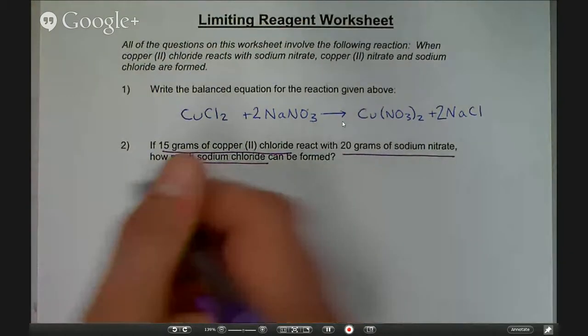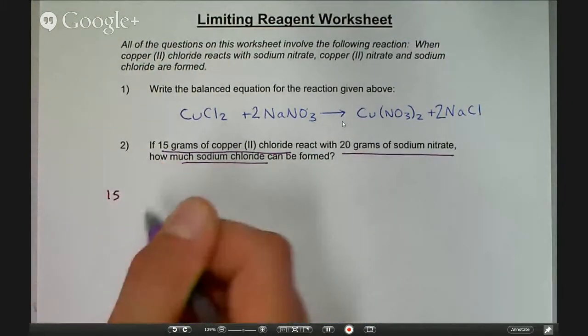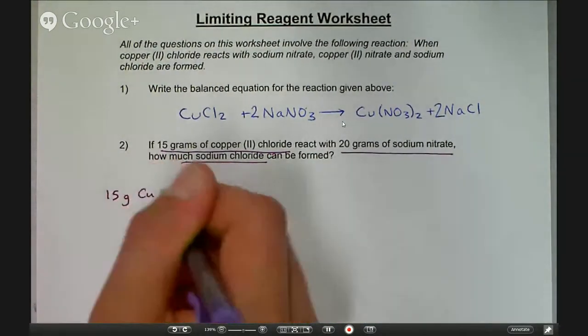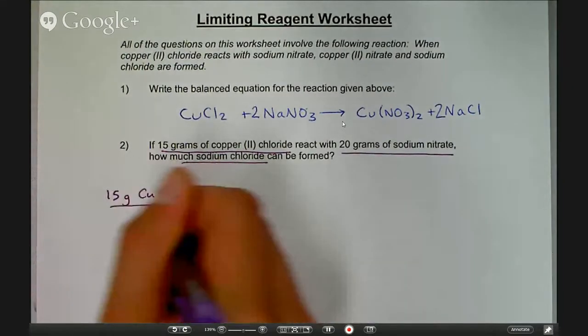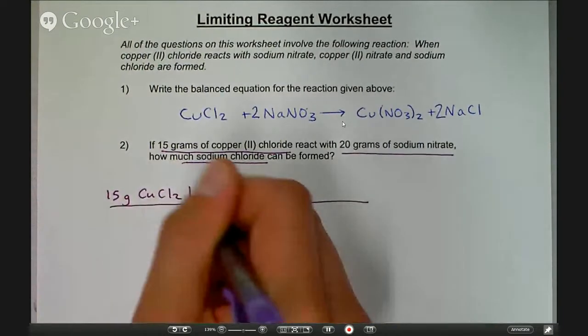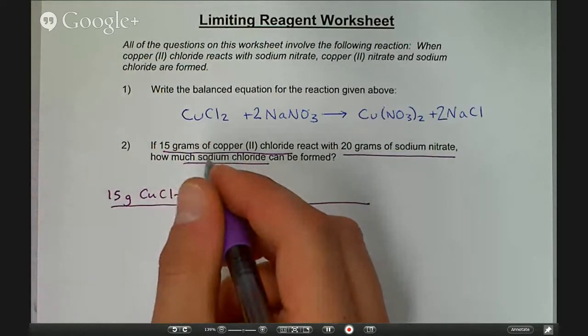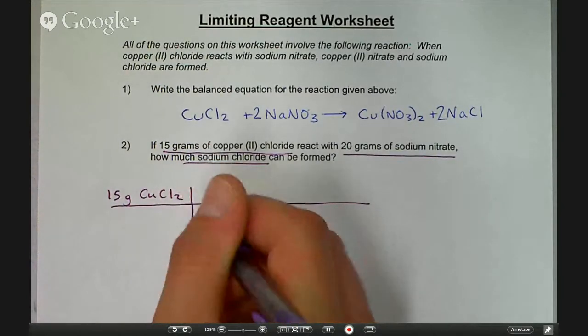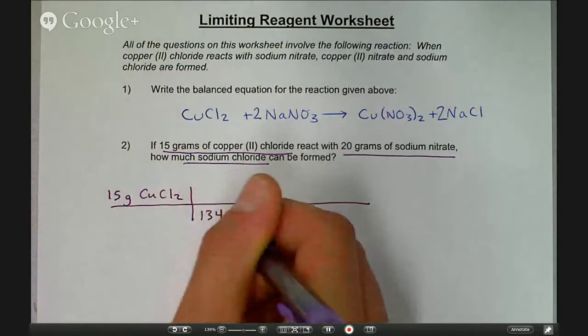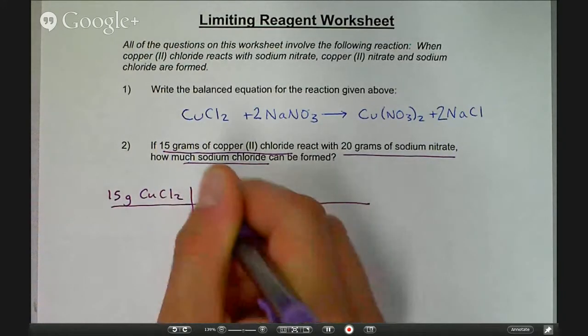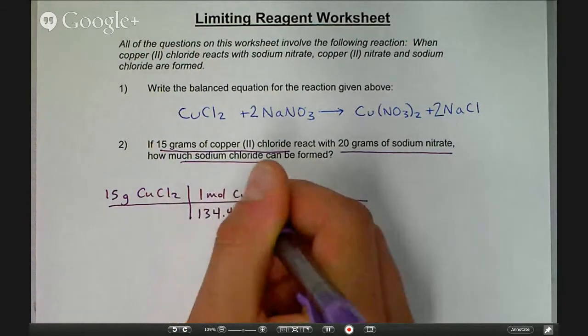So to start off, we had the 15 grams of copper(II) chloride. Set up our T-chart. The molar mass of copper(II) chloride is 134.45 grams per every mole of copper chloride.